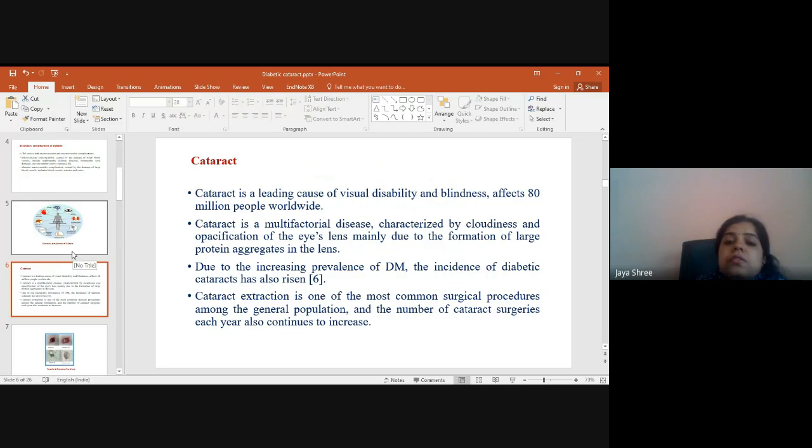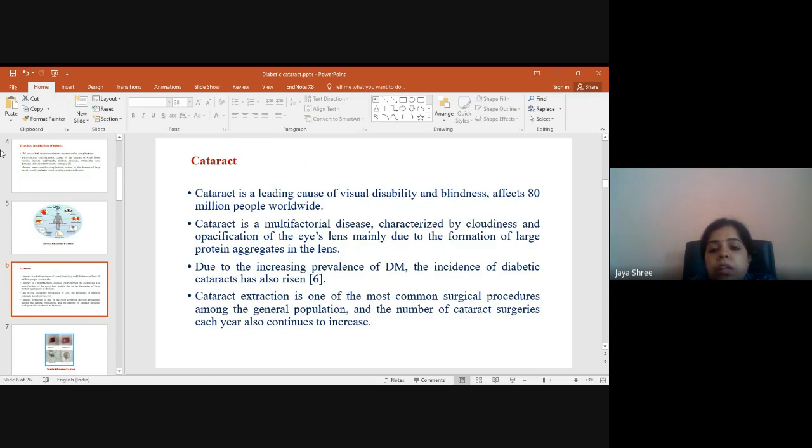What is cataract? It is a leading cause of visual disability and blindness, and it now affects 80 million people worldwide. It deteriorates the quality of life. It's a multifactorial disease characterized by cloudiness and opacification of the eye's lens, mainly due to formation of large protein aggregates in the lens. As the prevalence of diabetes mellitus is increasing, the incidence of diabetic cataract is also rising.